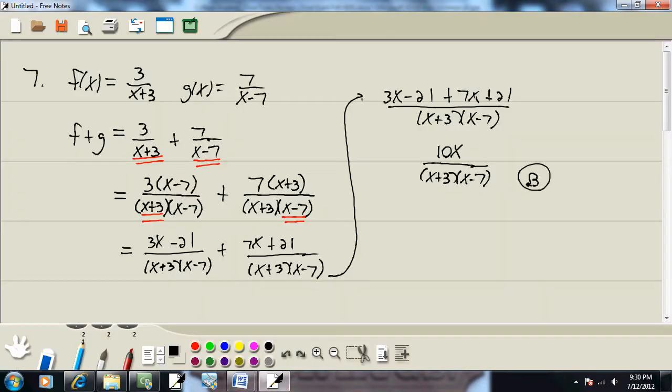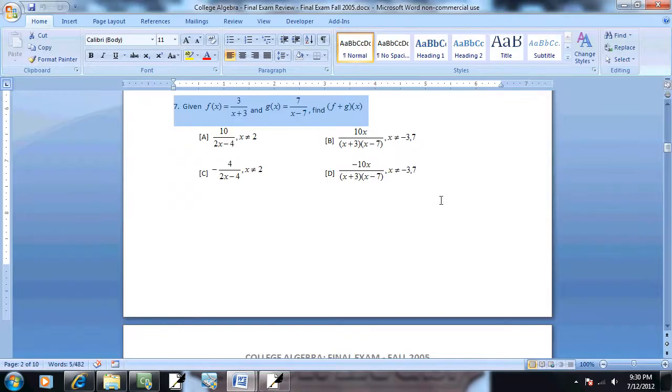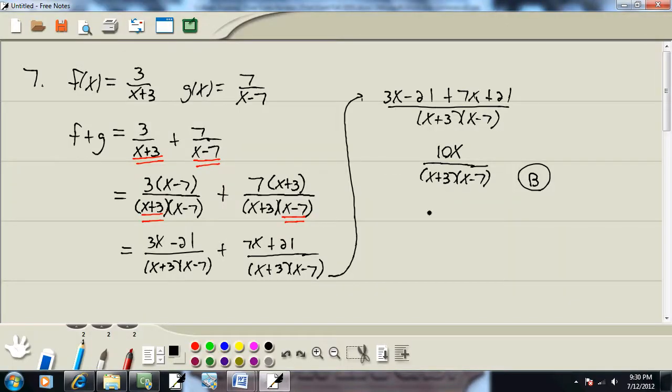Now they also put the domain on there. They didn't specify that in the original instructions, but to find a domain, you set your denominator equal to 0. This is already factored and has 0 on this side. So the zero factor property says we set each factor equal to 0. So I'll set x plus 3 equal to 0 and x minus 7 equal to 0, and solve those.